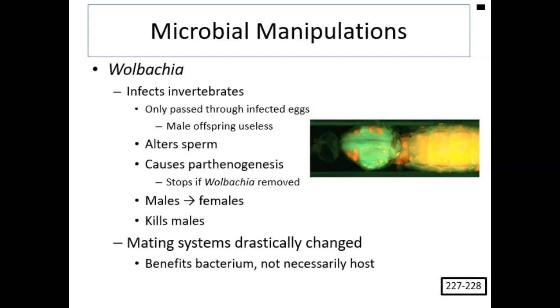The answer might be, well, maybe it's not about them, right? Maybe that is coming from this infection, this manipulation by a microbe who's doing it for their own benefit, and it has nothing to do with the life history of this species. It's all about this infection they're experiencing. Just something to consider. In ecology, we have to think about all of the interactions, and some of them are not always going to be obvious.